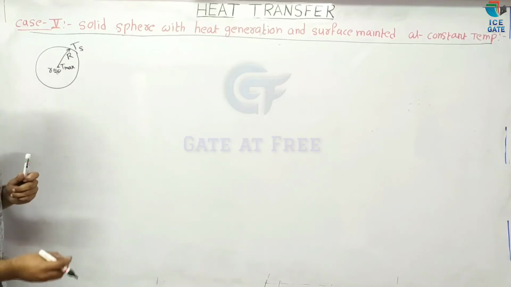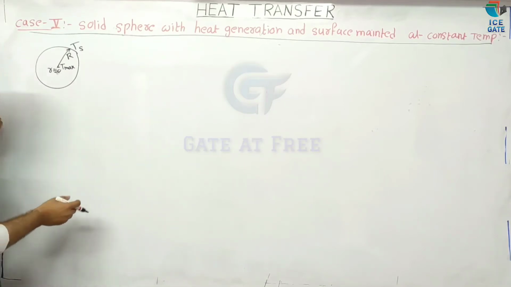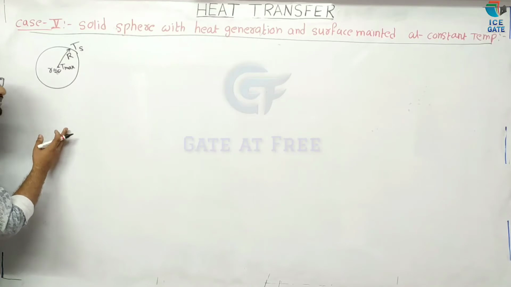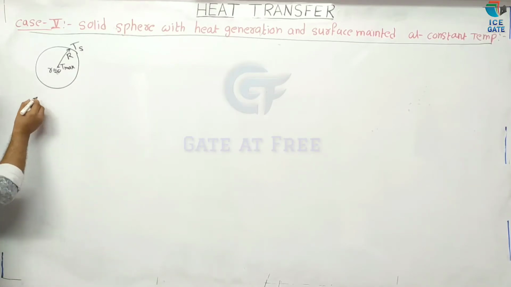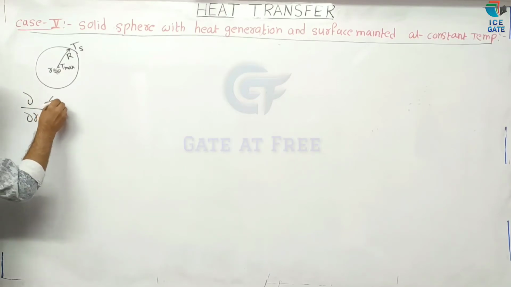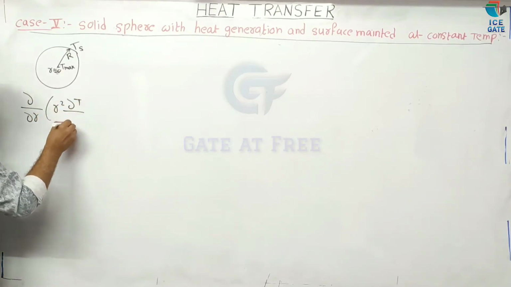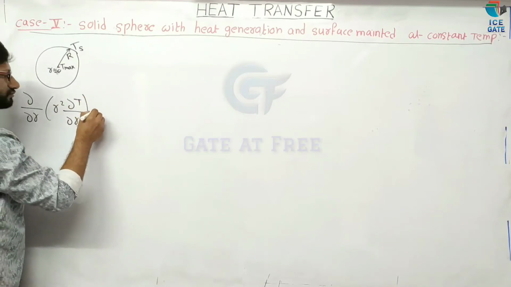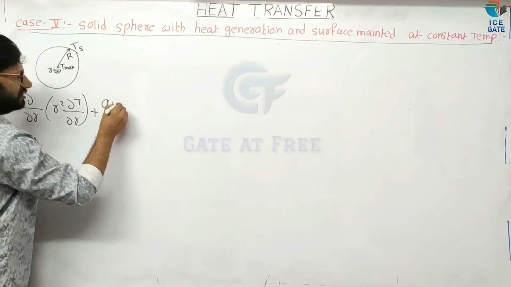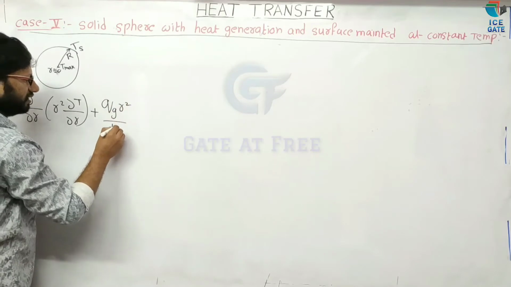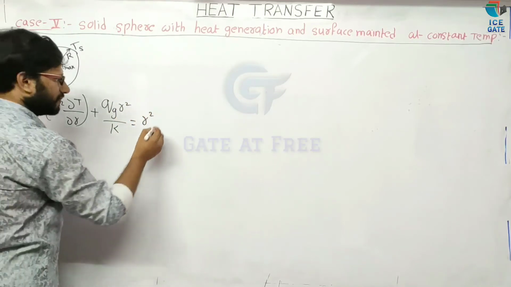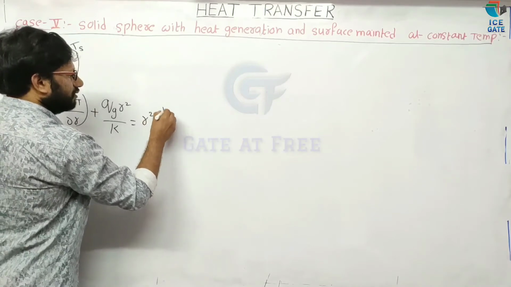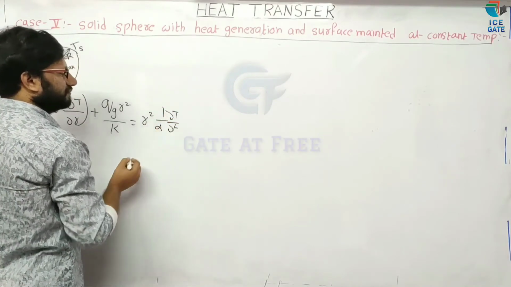Now we have to derive the temperature distribution function from the differential equation of a sphere. What is the differential equation? The generalized differential equation of a sphere: we know that ∂/∂r of (r² ∂T/∂r) plus Qg r²/k is equal to r² (1/α) ∂T/∂t.